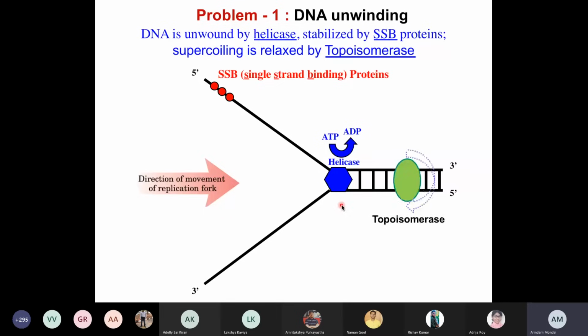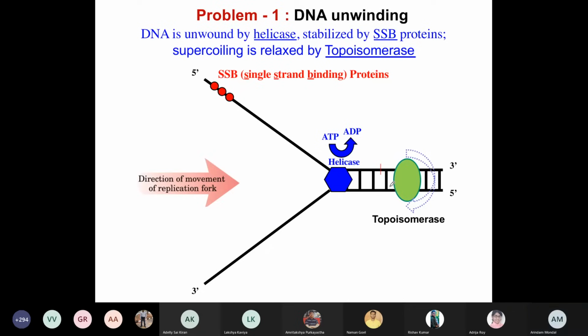Basically, topoisomerase is an enzyme which can cut one strand of the DNA. Subsequently, it can rotate that particular strand of the DNA in the opposite direction so that it can release the supercoiling. And once the supercoiling gets released, it can rejoin that strand, so that now again the helicase is ready to unwind the strands.